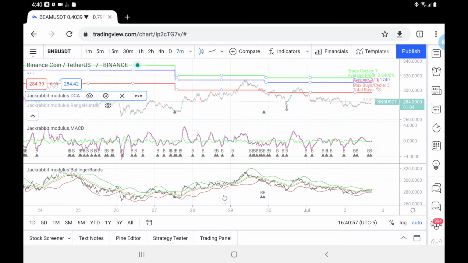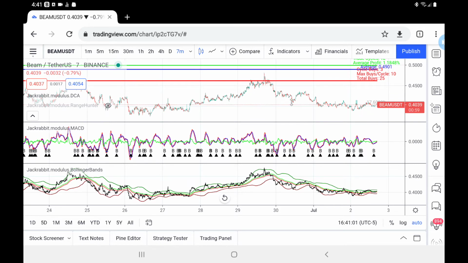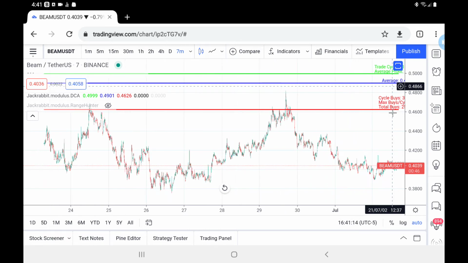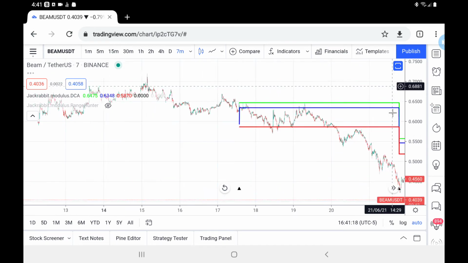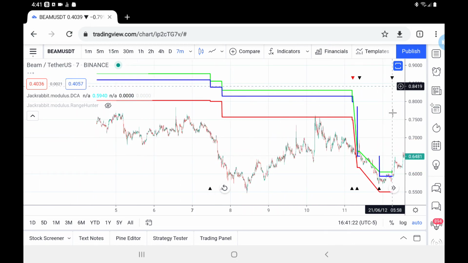And if we go back to Beam, you see the changes there. You're still going to take exit positions along the way, but this can help you pick and choose the best places and coins.